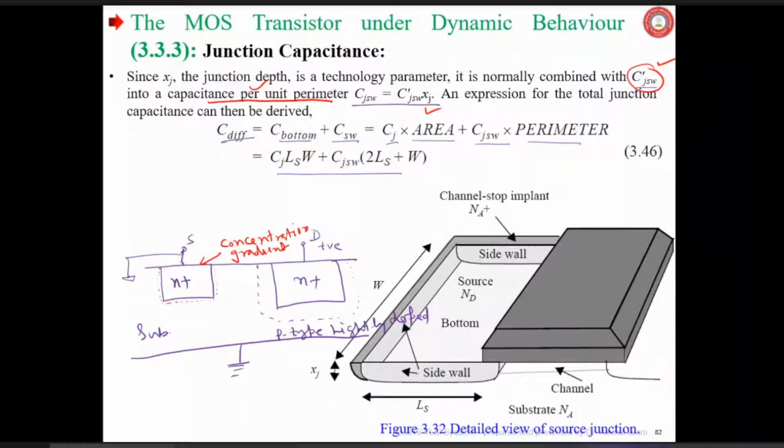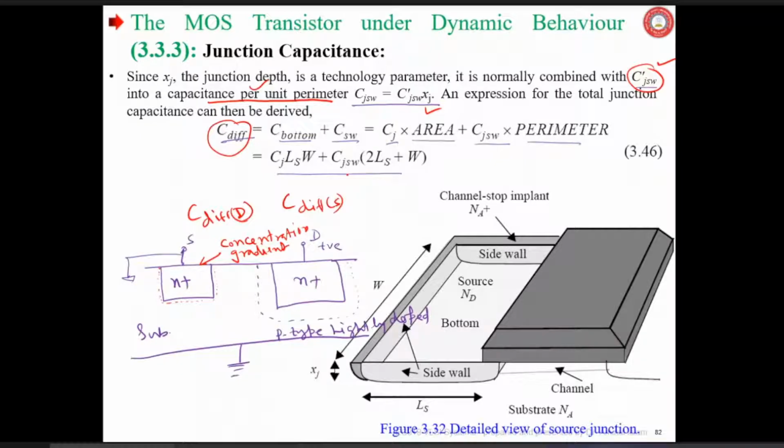An expression for the total junction capacitance can be expressed as this: C diffusion. We can say C diffusion for drain, or C diffusion S, the source side.